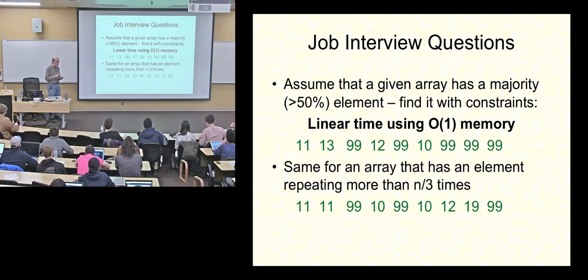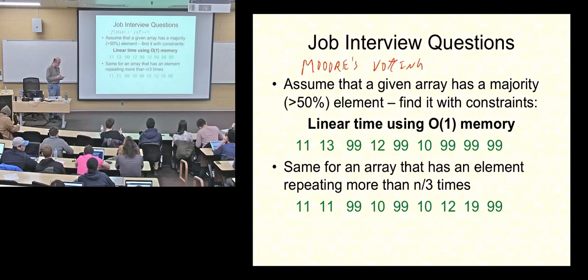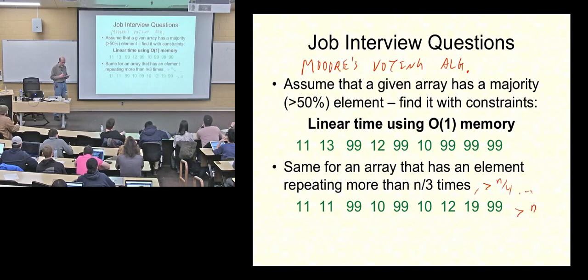Now this one is actually a really well-known problem, and it's solved by what's called Moore's voting algorithm. Now, suppose that instead of more than half of the time, it was more than 1/3 of the time, or more than 1/4 of the time, or more than n over k of the time, where k is some value that I pick, like more than 1/7 of the time.